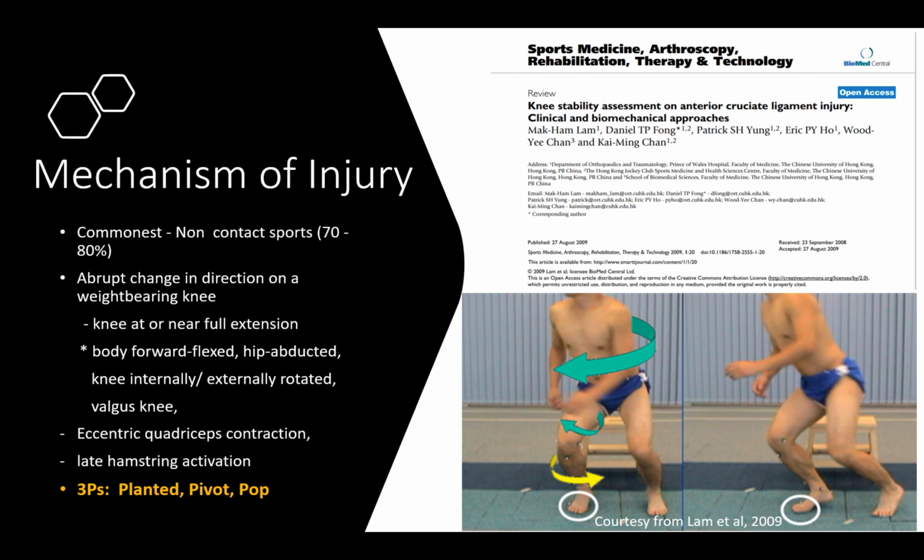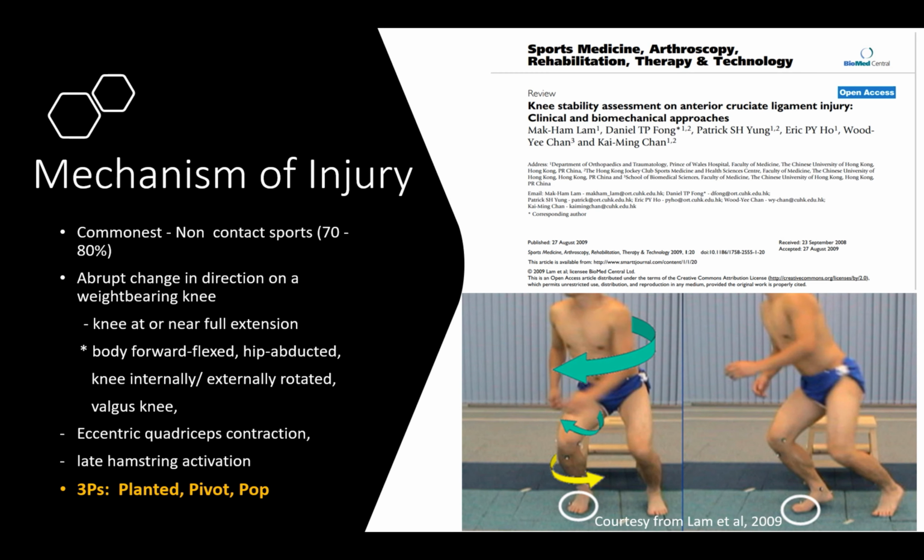Commonest mechanism of injury is non-contact sports, which involves 70 to 80% of cases. And often the ACL fails when there is abrupt change in direction on a weight-bearing knee with the knee at or near full extension. At this moment, the body is bent forward, the hip is abducted, and the knee is internally or externally rotated.